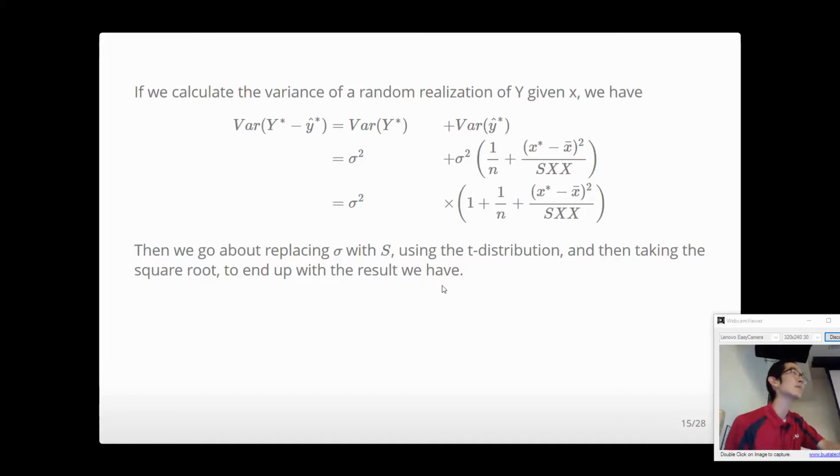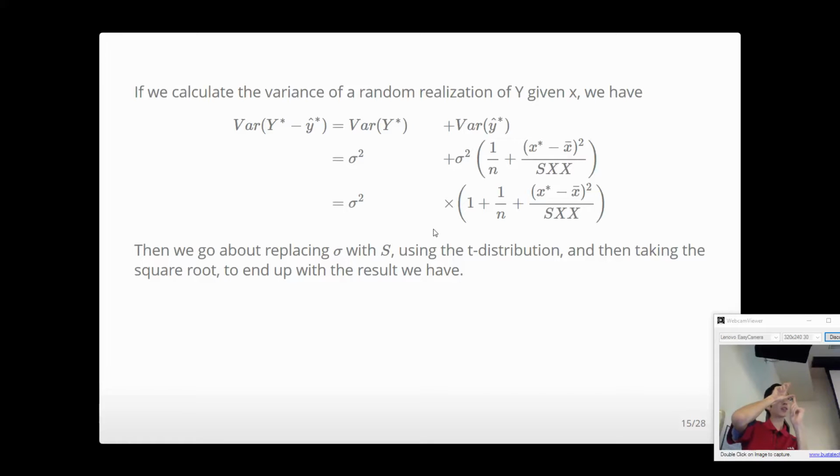Yes? Where's the covariance in the equation? I don't think you need a covariance here because we're doing it for fixed values of x star. So we're not worrying about how things vary together; we're saying for this given value of x star, how do the values of y vary?